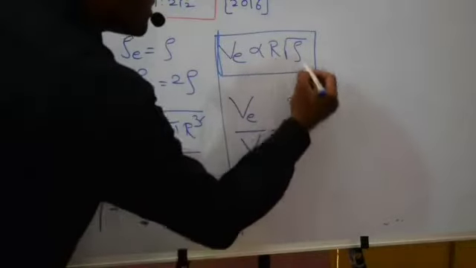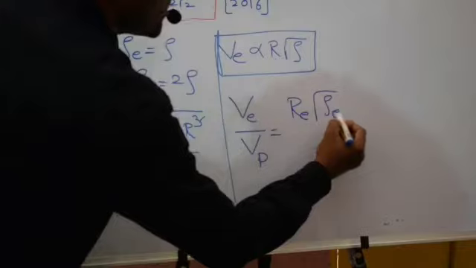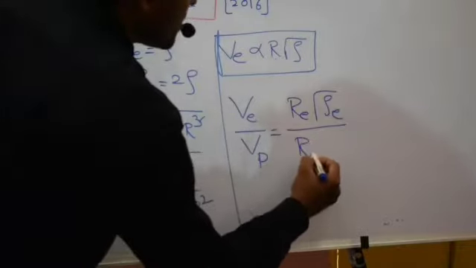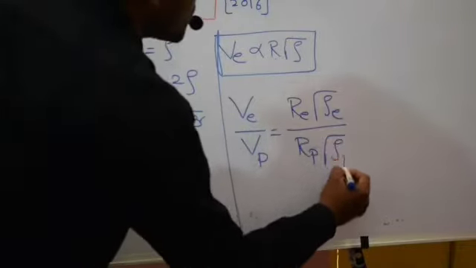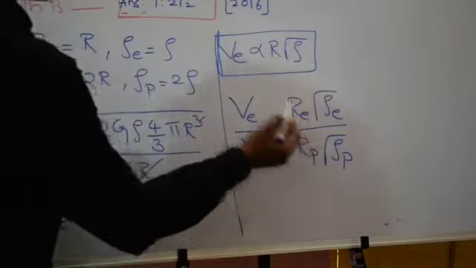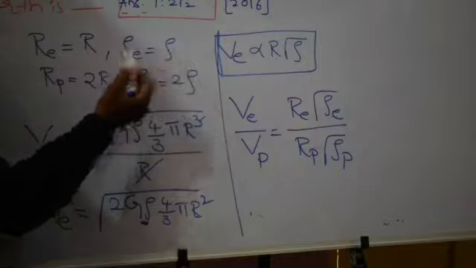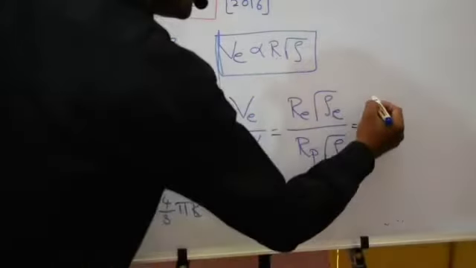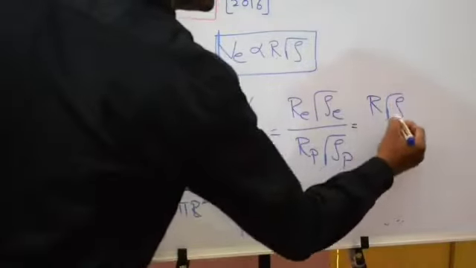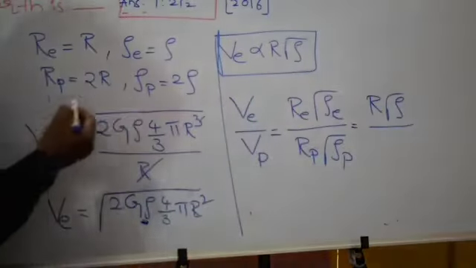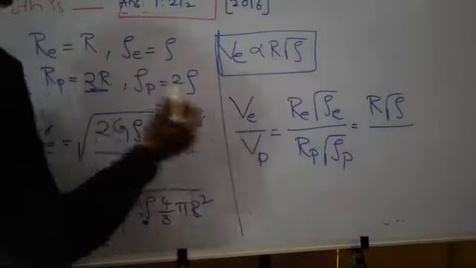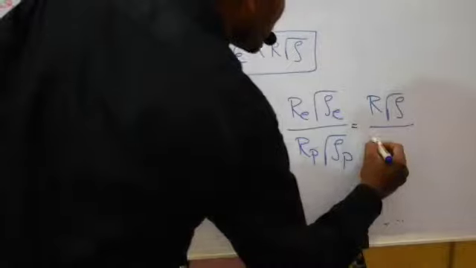R E into rho E divided by R P into rho P. Now R E is equal to R and rho E is equal to rho. Just substitute here: R into rho divided by R P is equal to 2R, rho P is equal to 2 rho.